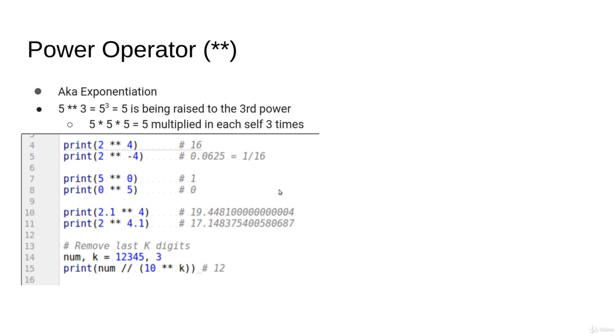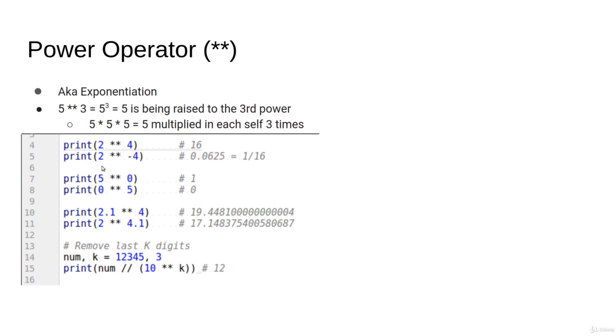There is also what we call the power operator or the exponential operator, which is just a multiplication of something by itself several times. In math, we write it this way: 5 to the power of 3. Here in Python, we write 5 asterisk asterisk 3, which is just 5 raised to the power 3. So 5 to the power 3 means multiply 5 by itself 3 times.